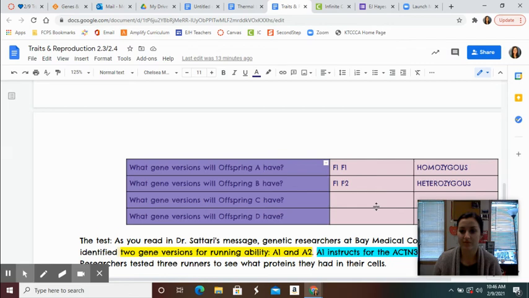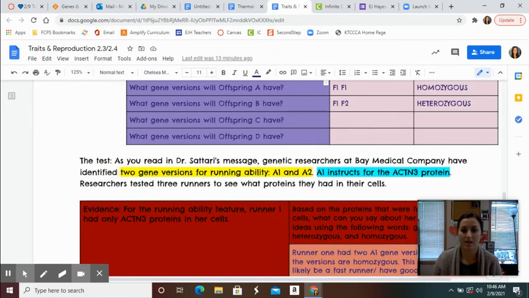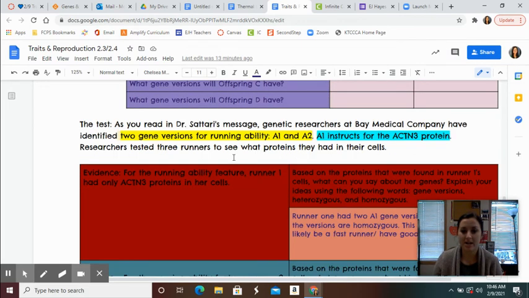Then down here, we have some more information about our ACTN3 protein, which, if you remember, was our sprinter's gene and just our overall running ability trait. So we notice now we have some new information that the two gene versions that affect running ability are A1 and A2.